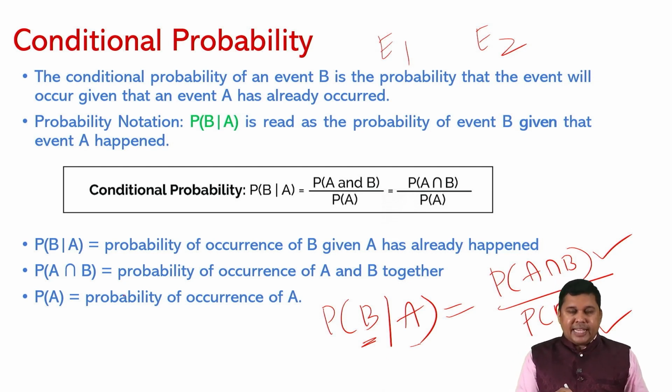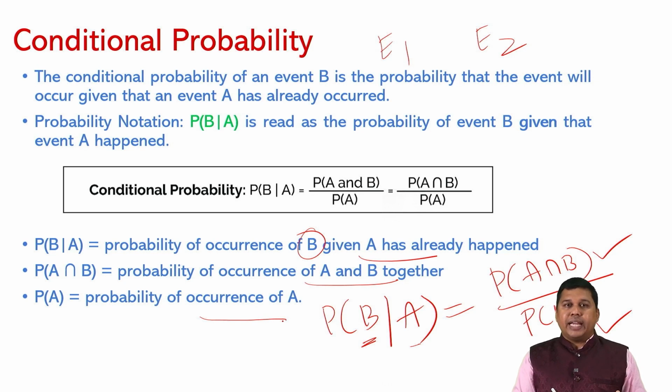P of B by A is the probability of occurrence of B given A has already occurred. A intersection B is the probability of occurrence of A and B together, and P of A is the probability of occurrence of A. This need not always be B by A, it could be P of A by B as well.